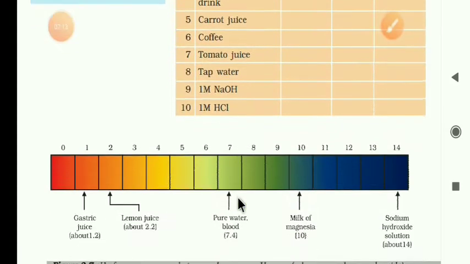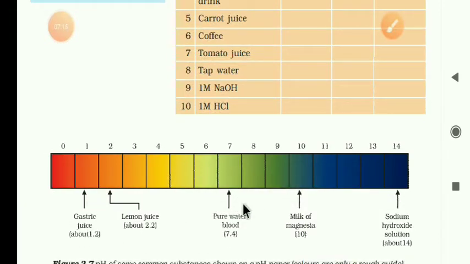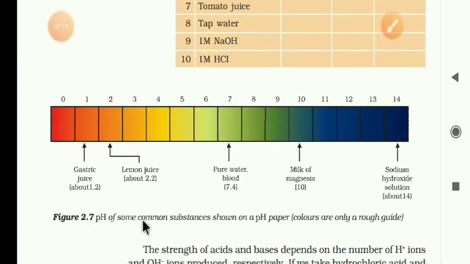See, dear students, here are the pH of some common substances. Here gastric juice is given about 1.2, see the color. Lemon juice about 2.2. Pure water, see this one. Blood 7.4. Milk of magnesia 10. Sodium hydroxide solution about 14.